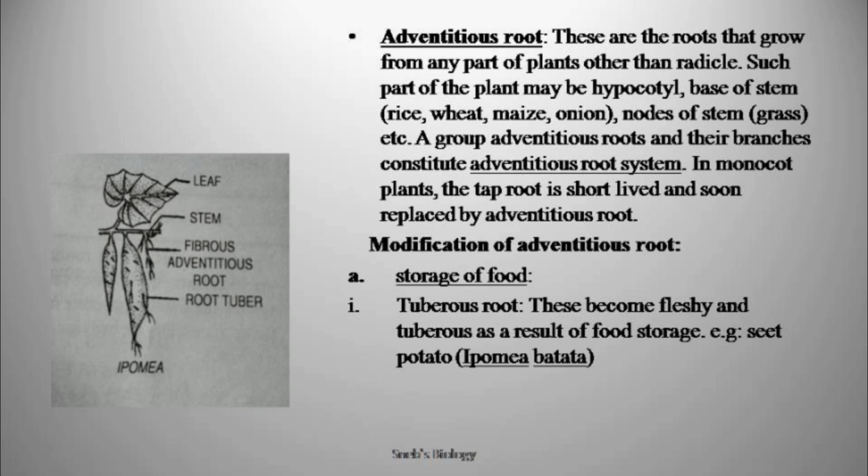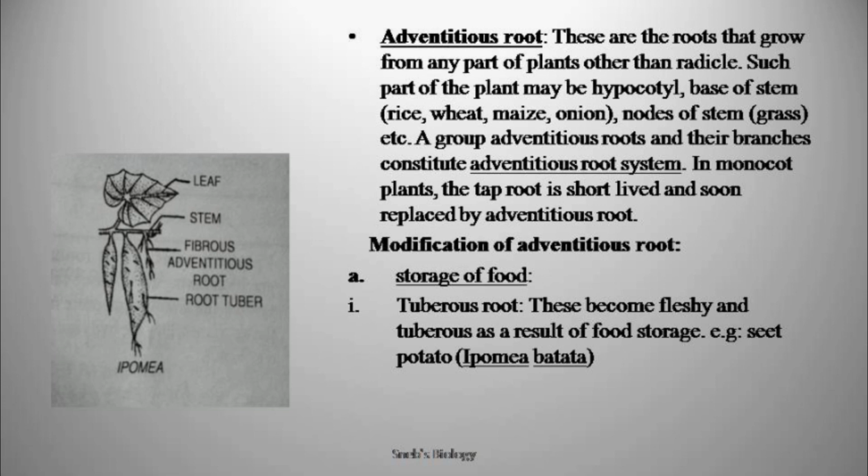Next is adventitious root system. So what is adventitious root? The roots which are produced from any other part of the plant except the radicle are called adventitious roots. Such parts of the plant may be hypocotyl, base of stem, nodes of stem, etc. So adventitious roots and their branches constitute the adventitious root system.